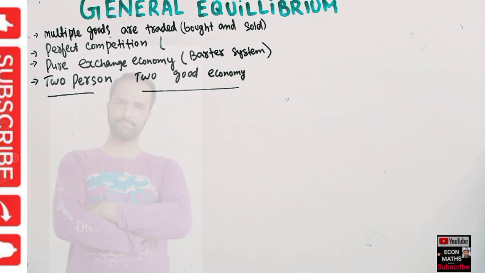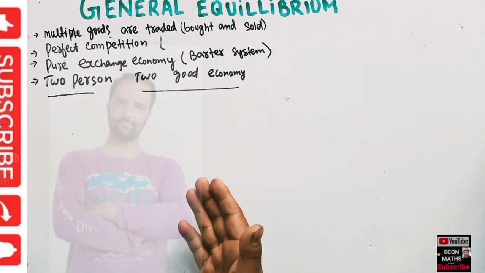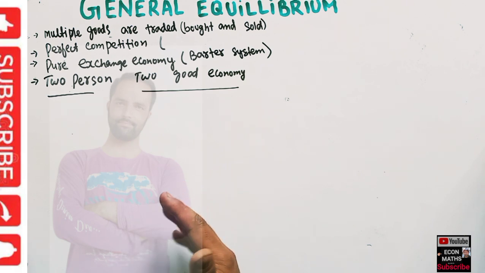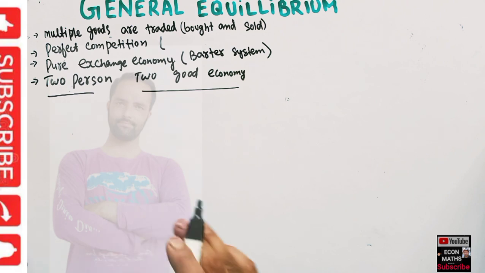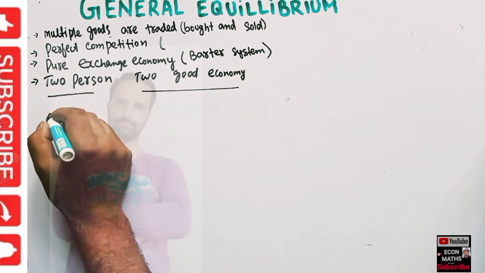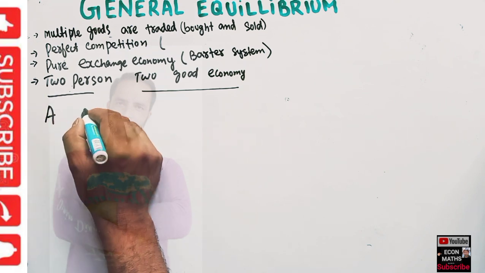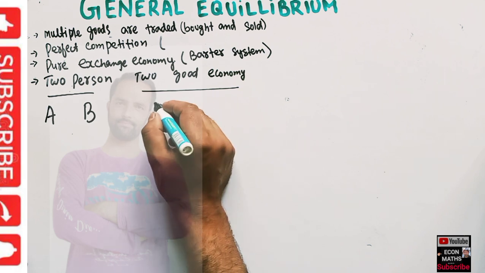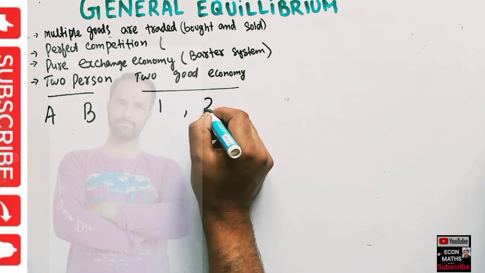We could have taken n number of persons, but it will complicate things, obviously. So we are just giving the simplest case of two persons. Let us say A and B are the two persons, and the two goods in the economy are, let us say, good 1 and good 2.